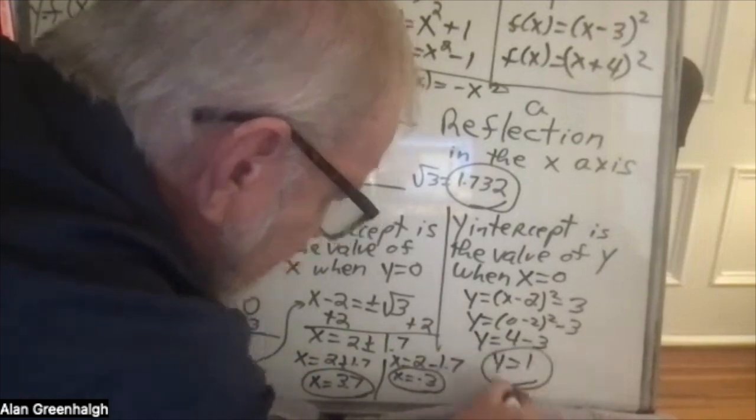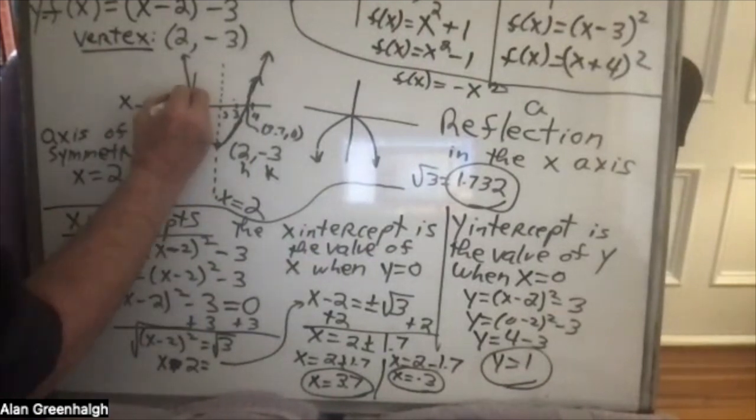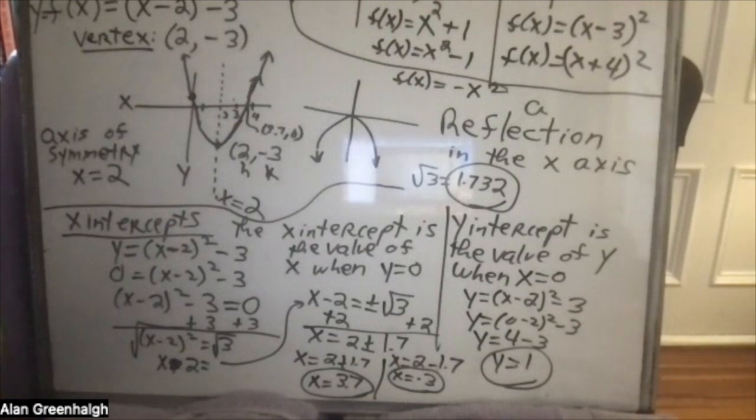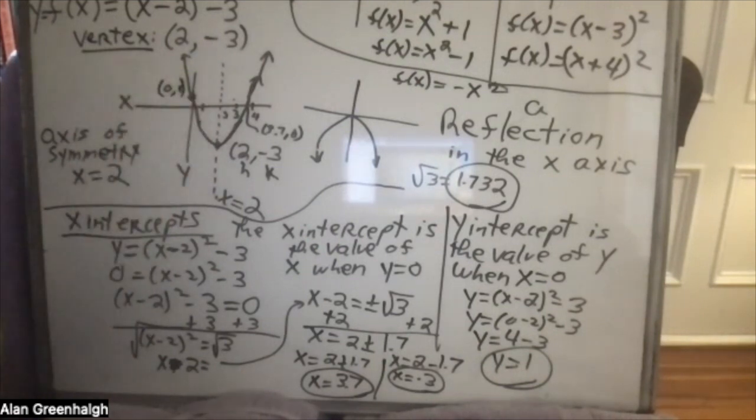The y-intercept is y equals 1. And that's not hard to believe, is it? Because here it is right here. So all this is very, very nice. So this is going to be (0, 1) for the y-intercept.